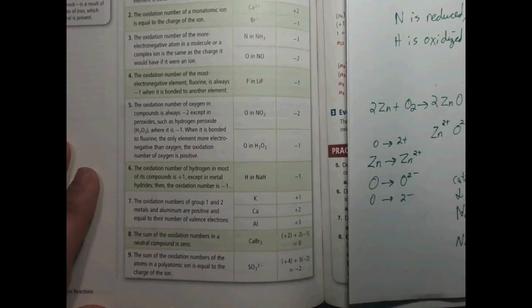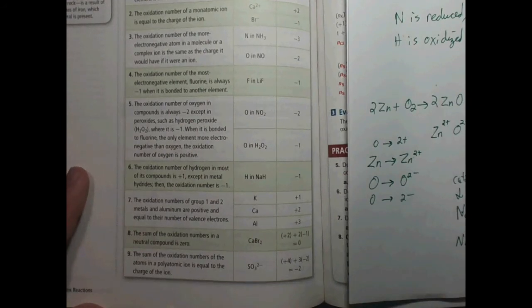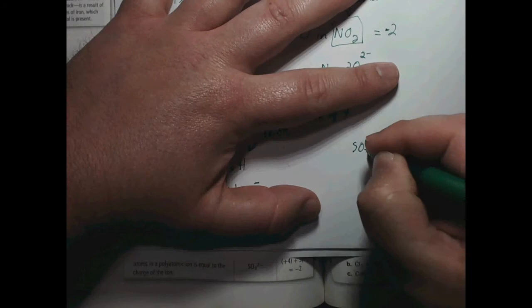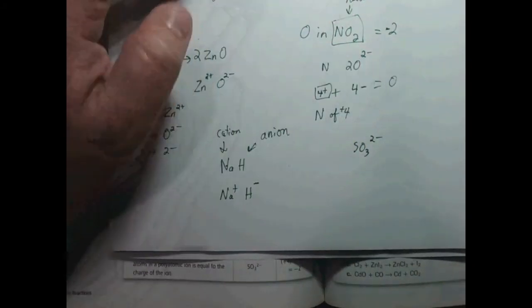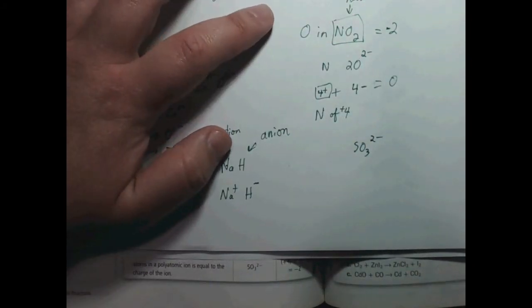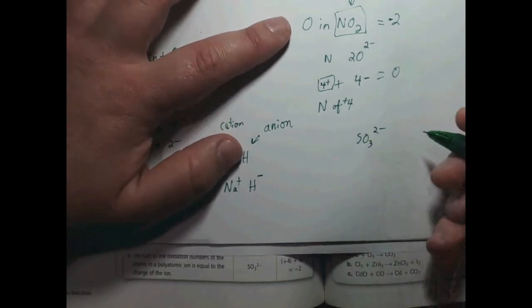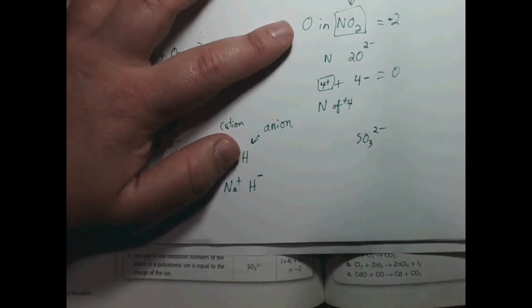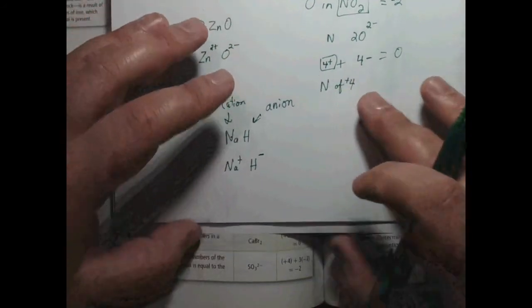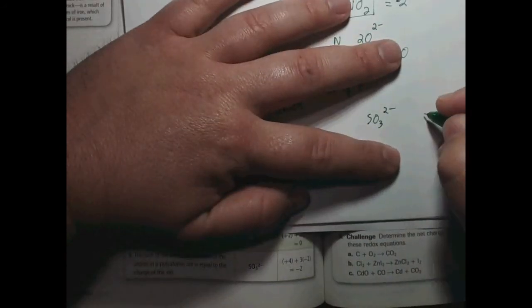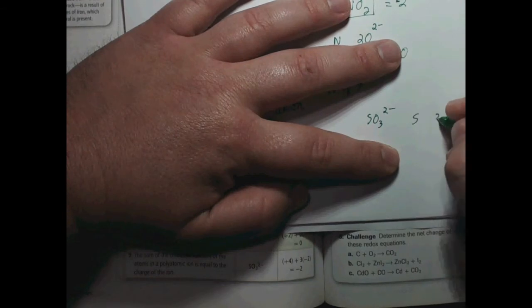Okay? The sum of oxidation numbers in the atoms of a polyatomic ion is equal to the charge of the ion. And there they give the example of sulfite, SO3 2 minus. Okay? So which is more electronegative? The oxygen is. So that means there's 1 sulfur and 3 oxygens.